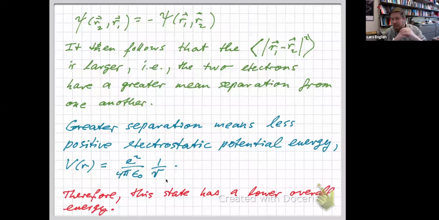Comparing that state to the slightly higher state, we call them parahelium and orthohelium. If you compare the energies of those two configurations, you can get a sense of this contribution, the electrostatic repulsion due to the electron-electron interaction. So you get a sense of the strength of that repulsion.